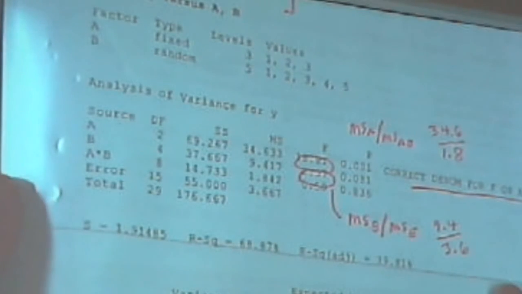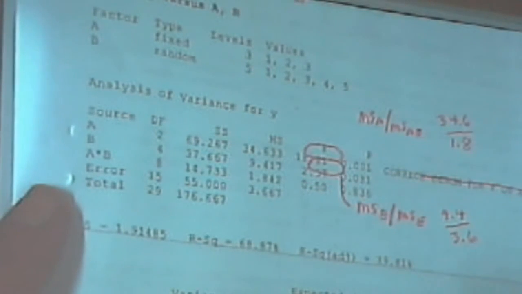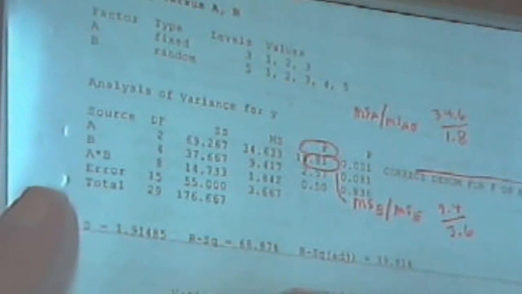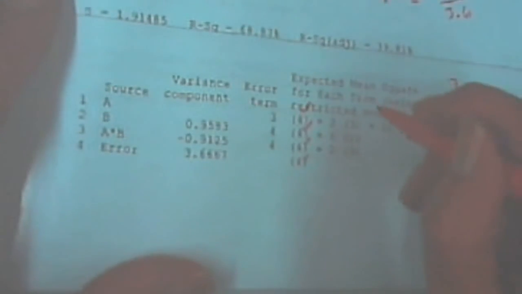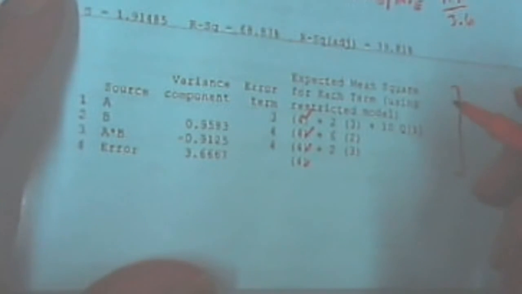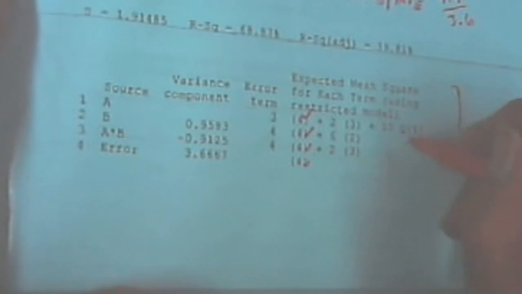Now I ask it for expected mean squares, so here they come at the end of the line. So 4 is the error, so I have 4 in each line for the sigma squared. And then notice how we have something different coming out between the line for A and the line for B. They have a different pattern.